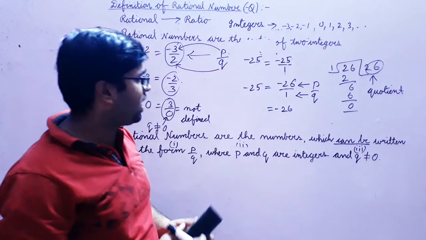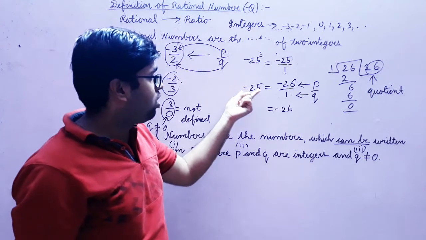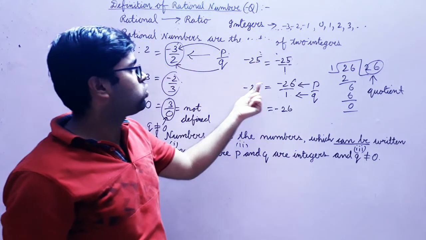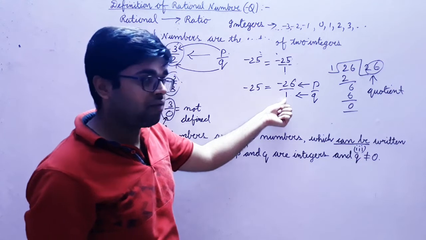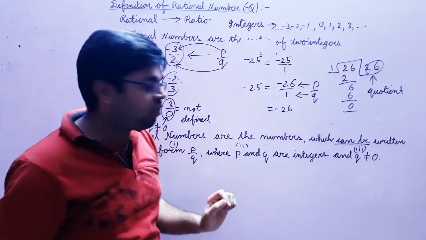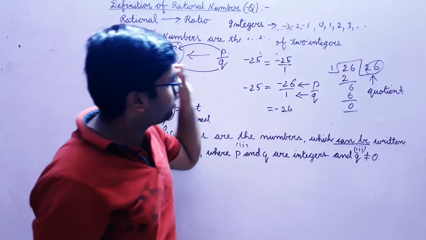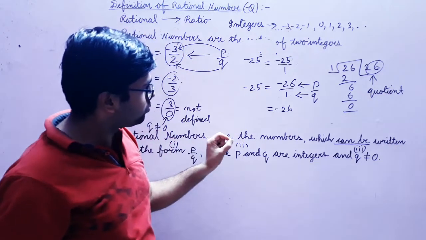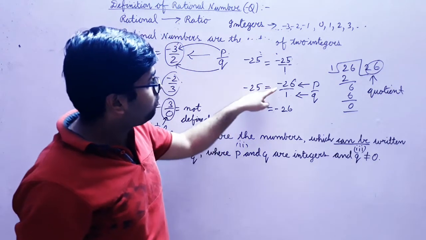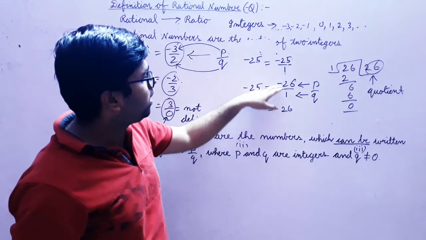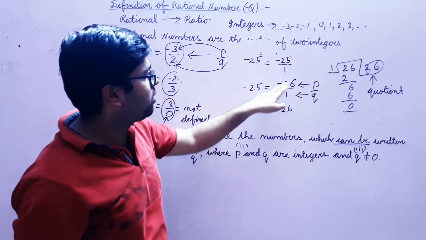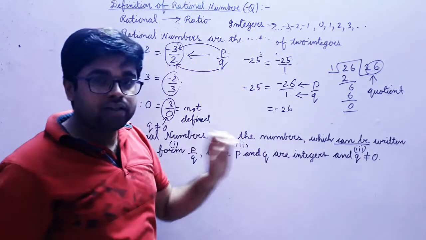So what I was saying is, you can't write minus 25 as minus 26 by 1, that is, you can't change the value of p. You have to write it as minus 25, you can't write it as minus 26. Why is this so?